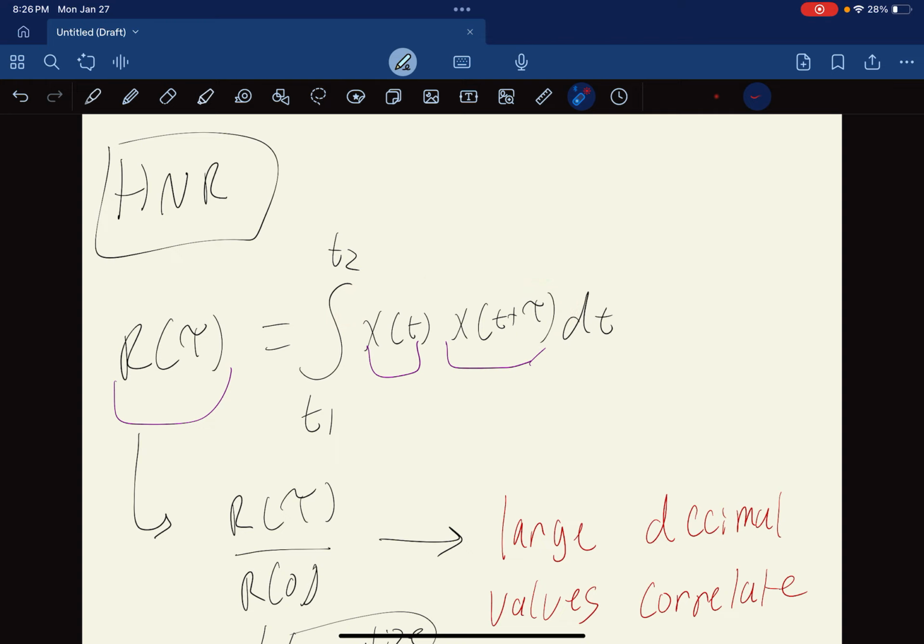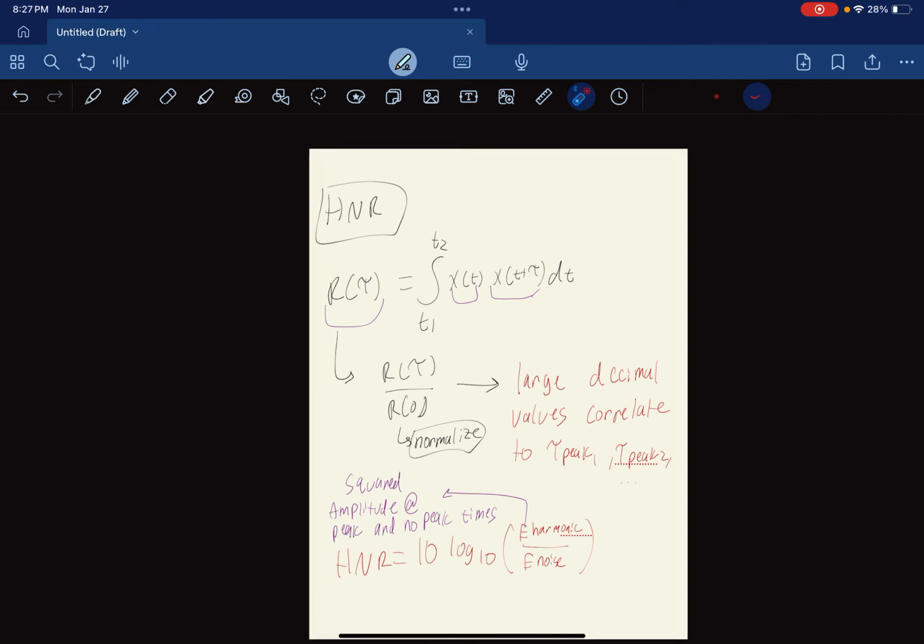There's very little overlap between the signals, which implies that you're at a spot where there's a lot of randomness going on, and that randomness we can then infer to be noise.